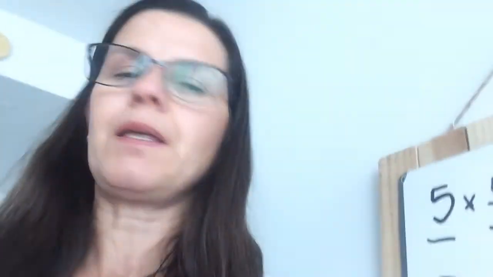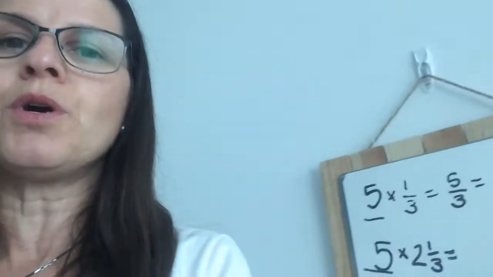I hope this helps explain what the lesson is going to be. In the lesson today, you're not going to need to actually give me the result like I just showed you. You're just going to need to look at things and see if the product is going to end up being greater than the number, equal to the number, or less than the number.